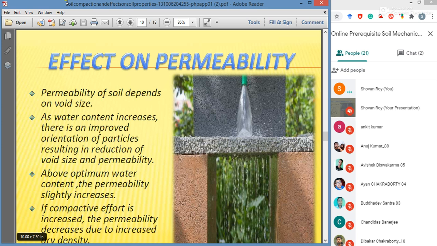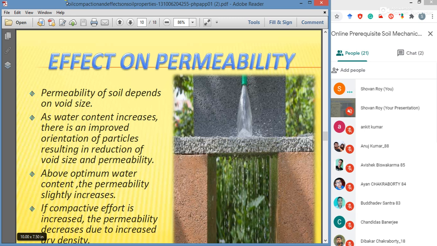We have one test in the laboratory, that is the permeability test. In the permeability test there are two types of instruments, one for fine grained soil and one for coarse grained soil, because the permeability behavior of coarse grained or sandy soil is different, and for cohesive, fine grained or clay soil it is totally different.